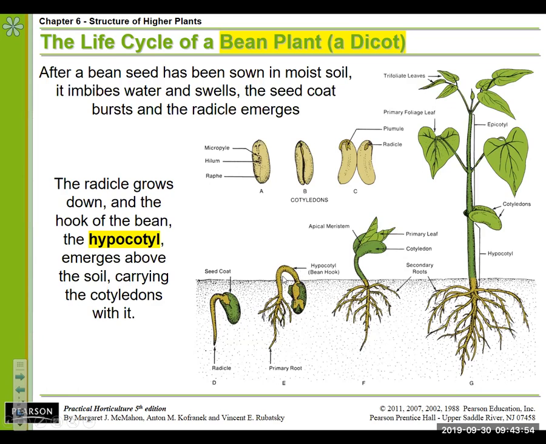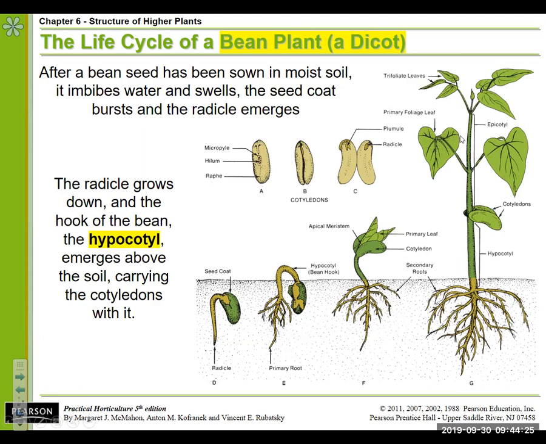So it emerges first above the soil, and then it's able to kind of spring up and push those cotyledons out. And of course, in a bean seed, we have the two cotyledons because it's a dicot. If you look at this image here on B, you can see that those cotyledons are the majority of the seed there. So that hypocotyl is the area below the cotyledons and above the radicle.